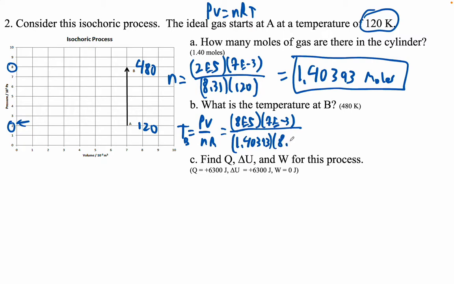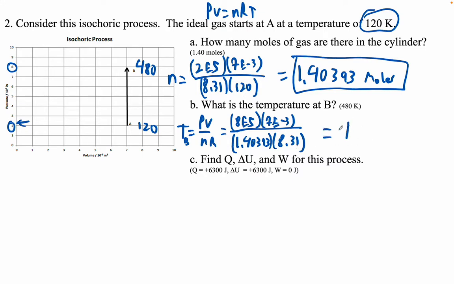And I'm just going to use, by the way, the value in my calculator. Okay, so let's go 8E5 times 7E minus 3 divided by the number I just got, divided by 8.31. And I get 479.999999999 just because of rounding.